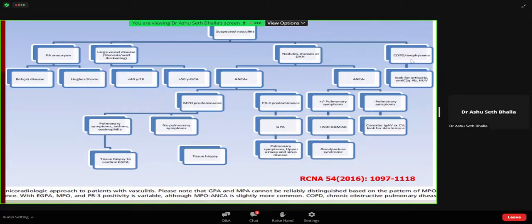If we have patients with airway disease like COPD, emphysema, asthma, in asthma we saw that we are looking basically for EGPA, and these are the lesser known causes of immune complex deposition diseases, which can be associated with COPD or emphysema.